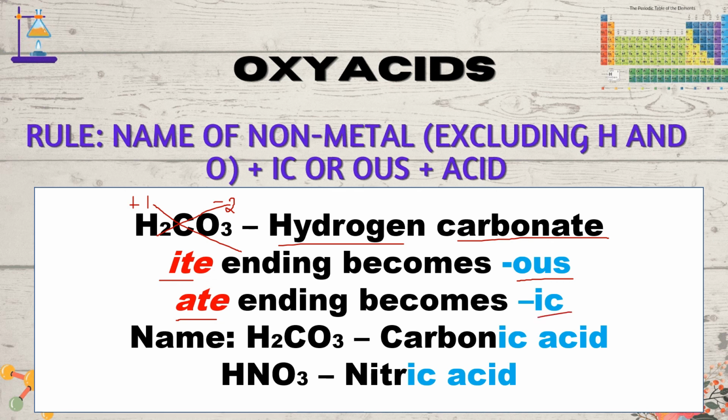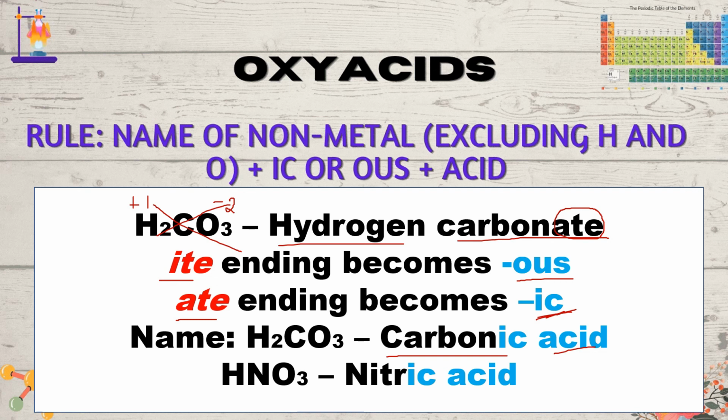So, recall that in giving the name hydrogen carbonate, you have the ending ATE. So, from ATE ending, it will become IC. So, how do you name? You can name that as carbonic acid. You are going to drop the word hydrogen.